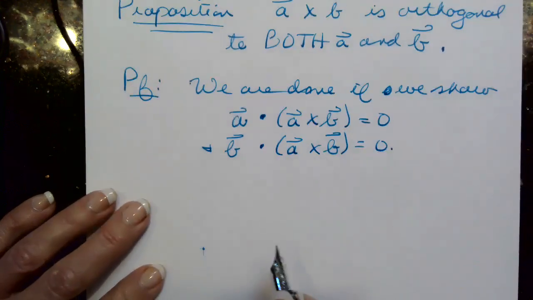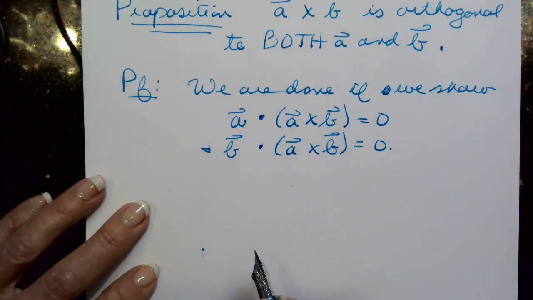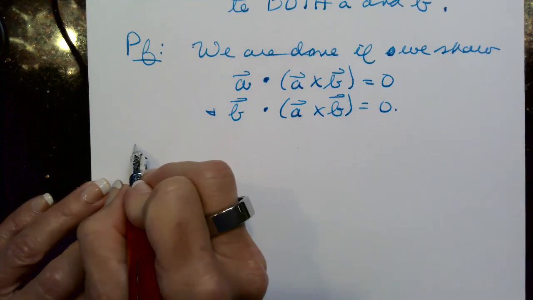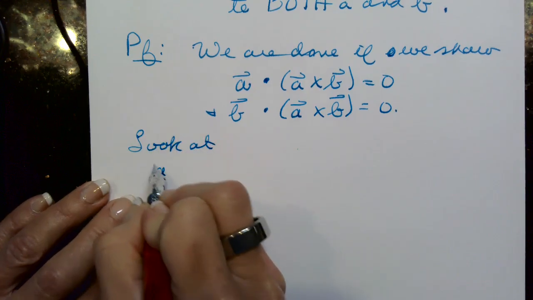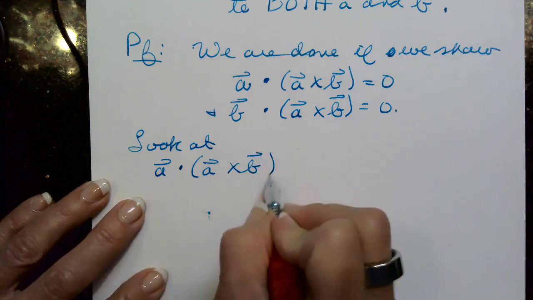Because if the dot product of two vectors is 0, that's the definition of orthogonal. So let's check that, starting with A dotted with A cross B.